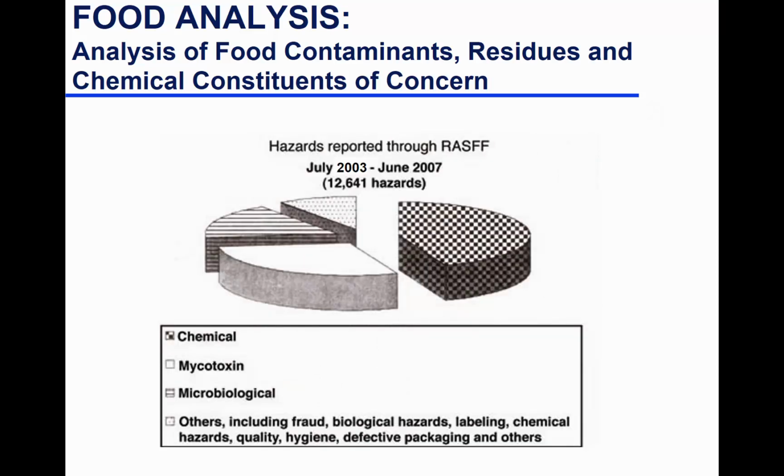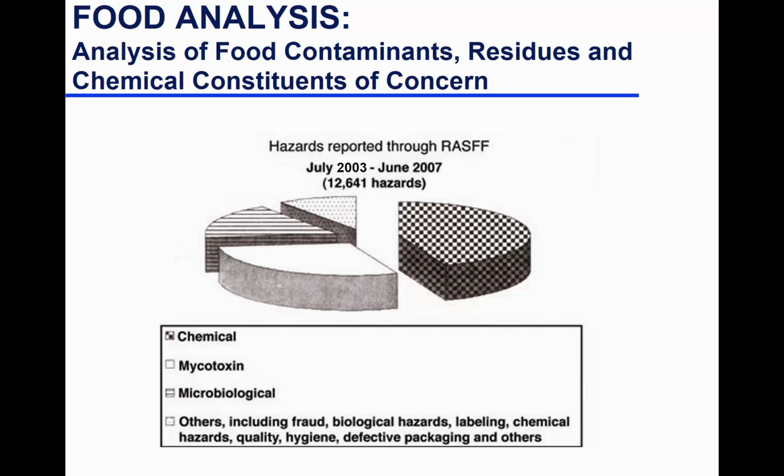Okay, so a lot of recalls. This is an old chapter. The new book chapter doesn't have this figure, it has new numbers. But you do get a lot of reports for contaminants and residues of concern, and a big portion of it is chemical. We talked about antibiotics, sulfites, heavy metals.